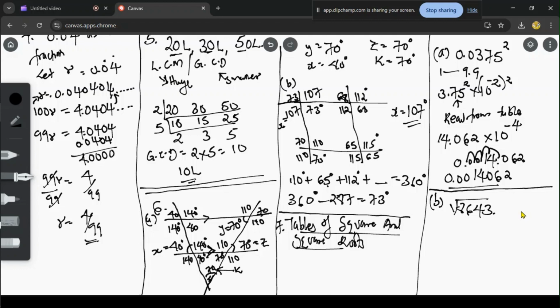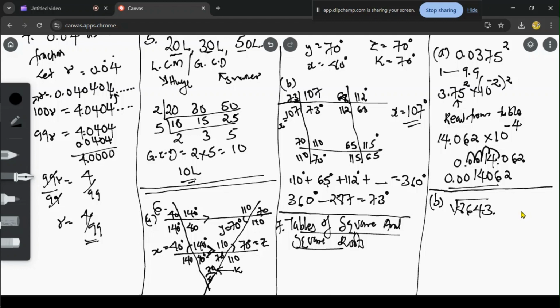Here we moved 2 steps. If I move 1 step, 2 steps, the decimal comes here, 2 steps are divisible by 2, and I can still get 86 from my table because the table goes up to 99.